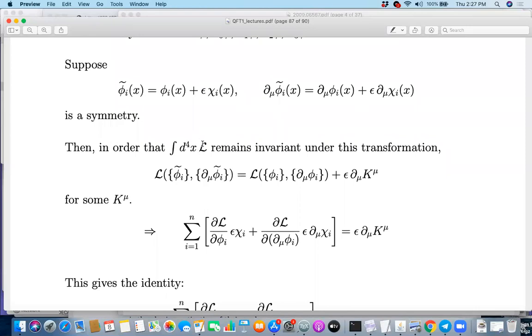It means that if we substitute in the argument of L, instead of phi I, phi I tilde, and instead of the derivative of phi I, the derivative of phi I tilde, then this should be equal to L with the original phi I and derivative of phi I.